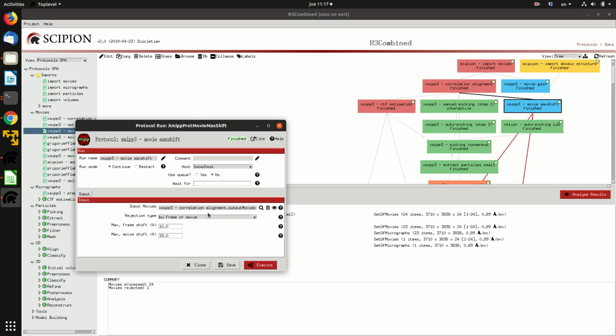So you can reject movies either just by frame, just by whole movie, by both, or there are many possible combinations. So this one is if from one frame to the next there is a jump on average that is larger than 10 angstroms, and this is a lot. So you should discard this movie.